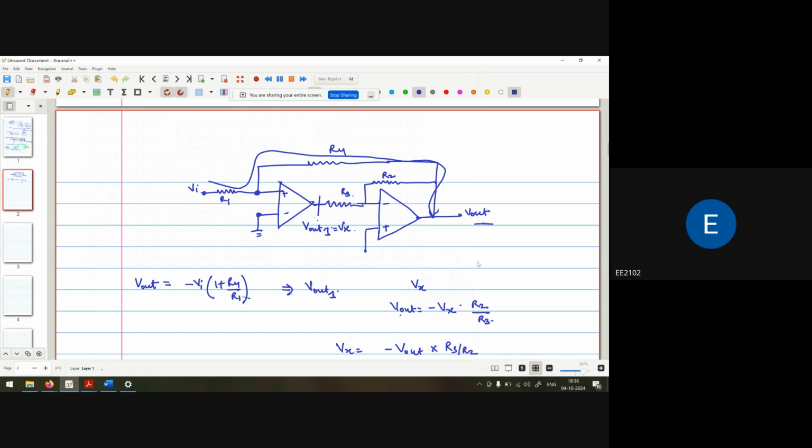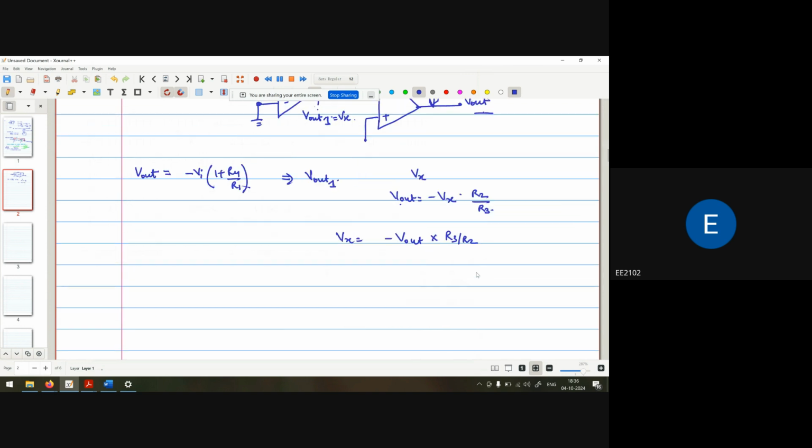And the Vout value we have already calculated, so that is equal to minus Vi 1 plus R4 upon R1 into R3 upon R2. That is the value of Vx.